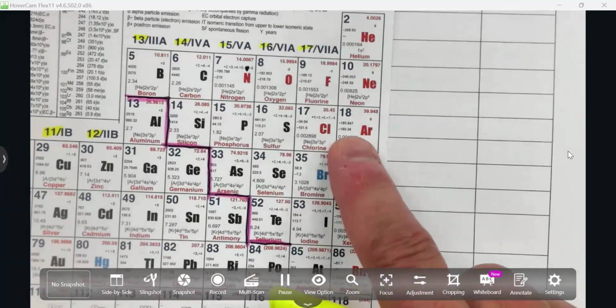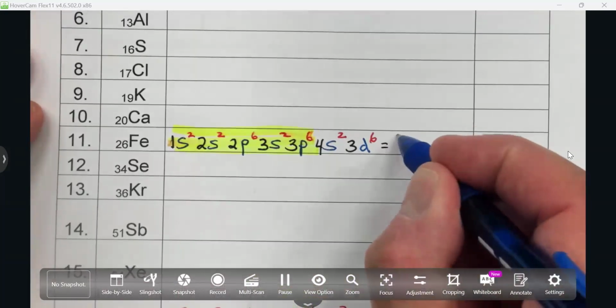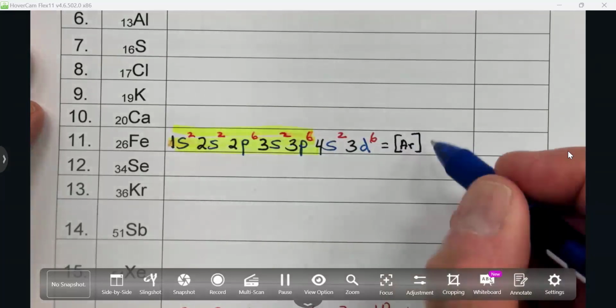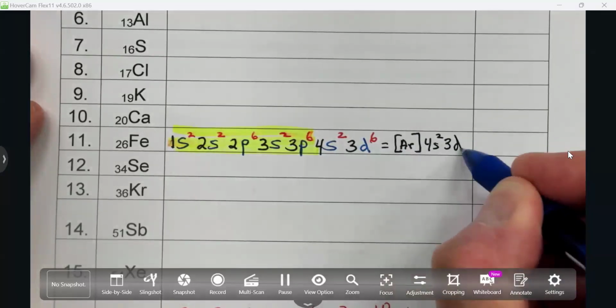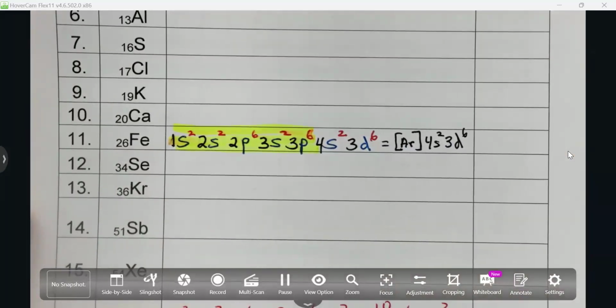Argon ends in 3p6. So the shorthand way to do it is we'd have argon in brackets and then 4s2 3d6. Okay.